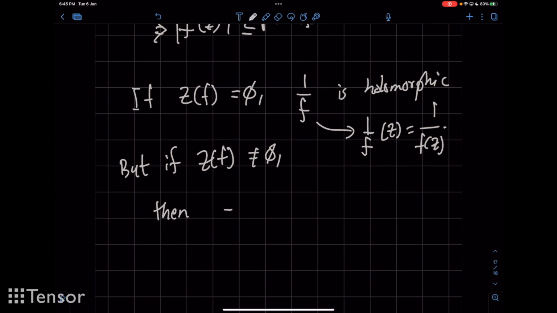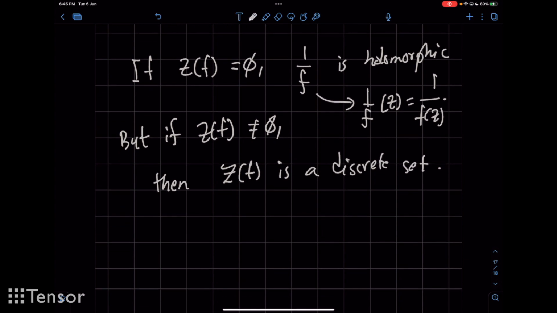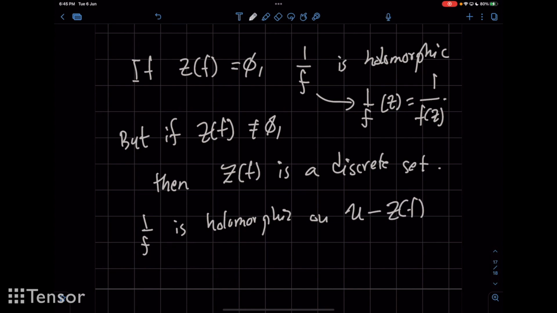If the zero set of f is non-empty, then this is a discrete set, as we discussed earlier, and we have that 1 over f is holomorphic on U minus Z of f, right?